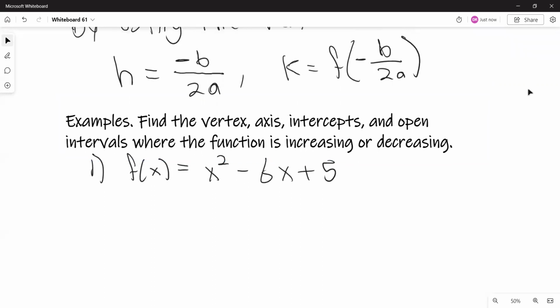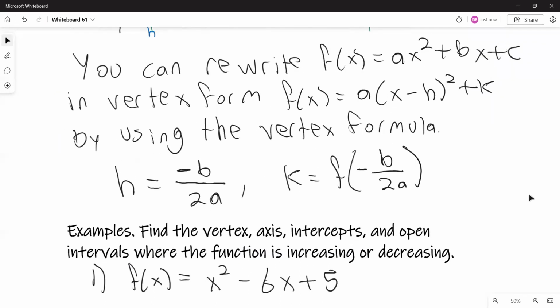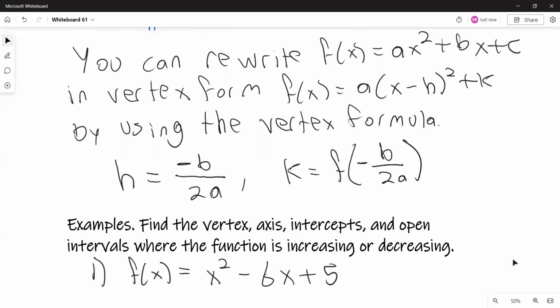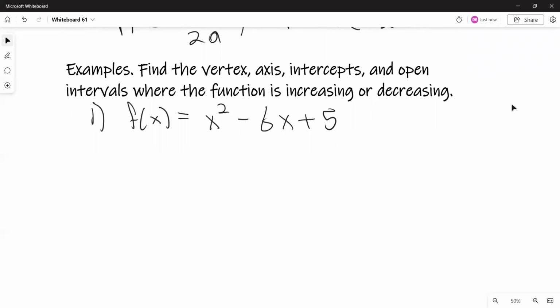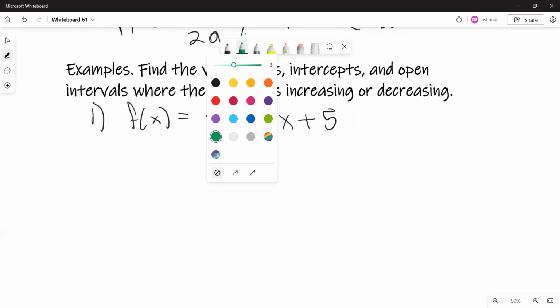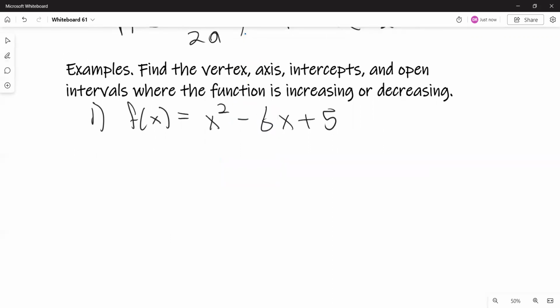We can start by writing the function in vertex form, where all I need is a and b. C is not going to be important in the vertex formula. Okay, so a is equal to 1, and b is equal to -6.